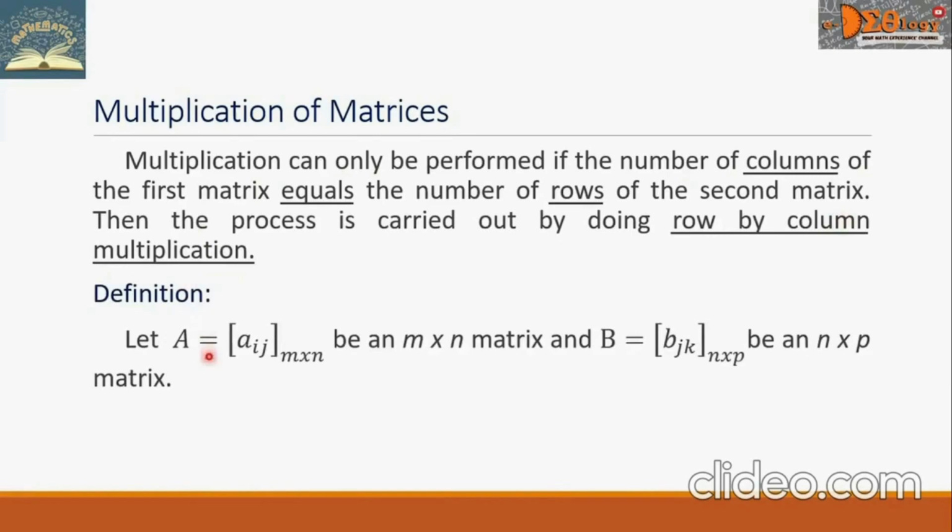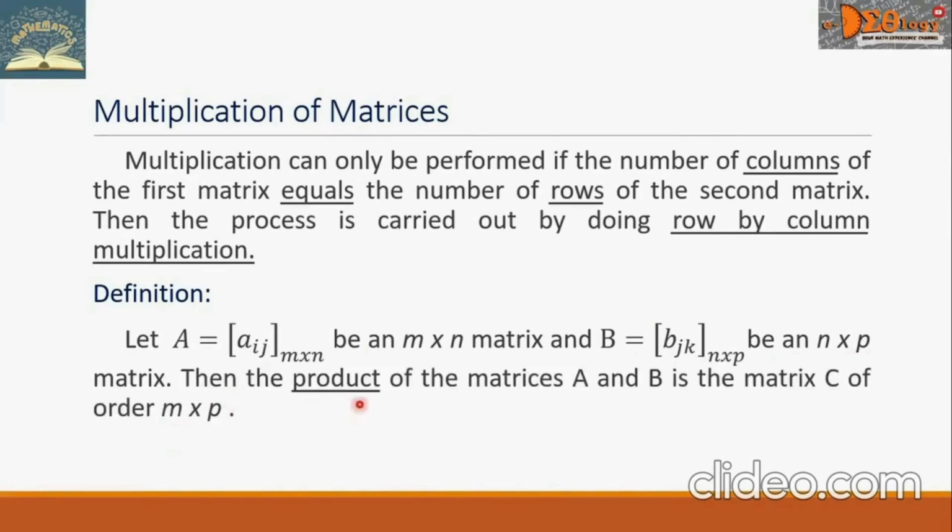Let matrix A, with elements A sub ij, be an m by n matrix, and capital B, with elements small b sub jk, be an n by p matrix. Then the product of the matrices A and B is the matrix capital C of order m by p.